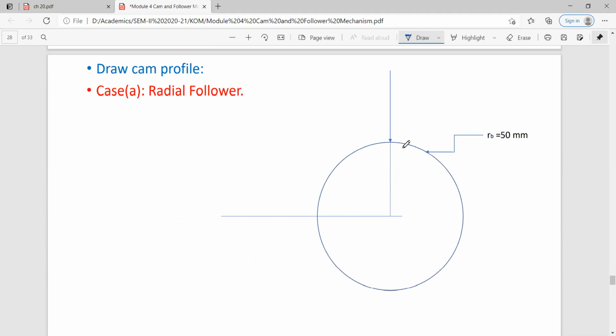In that case, you will draw a circle of radius equal to 50 mm. This is the base circle radius or minimum radius of the cam. You draw this circle first.